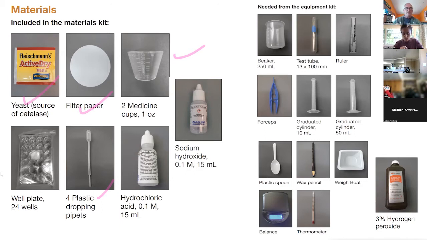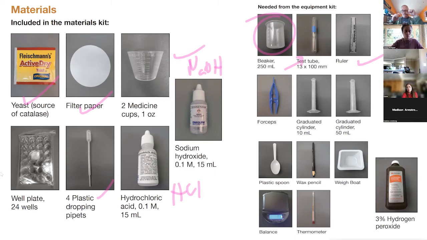The 0.1 molar HCl, 0.1 molar NaOH. The beaker is what we're going to be mixing our yeast up in. One of the small glass test tubes you're going to be using later.